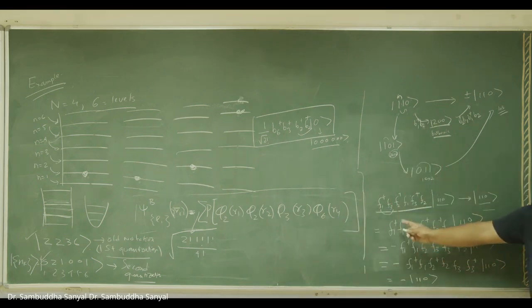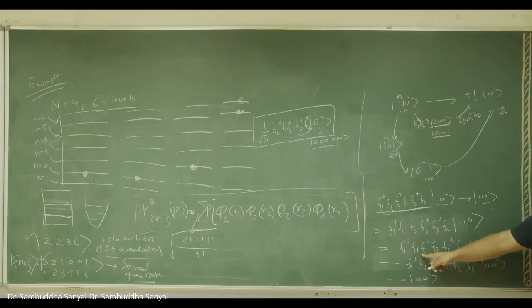I took this, I kept this thing intact, and then I shuffled this f3 here. So now I have f3 dagger and f2 here.